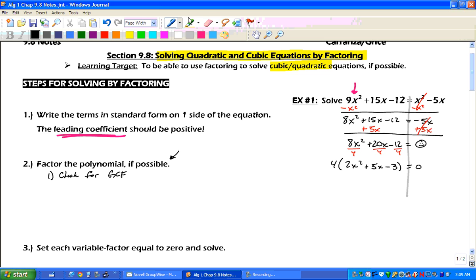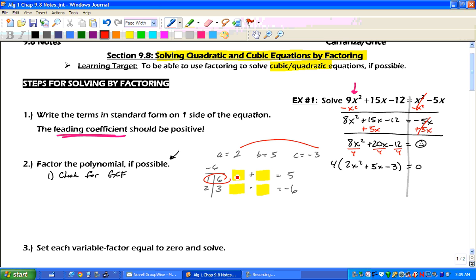Okay? And now you're telling me what A is. A is 2, B is 5, and C is negative 3. I want to multiply 2 times 3, which gives me negative 6. So that's 1 and 6, 2 and 3. So which numbers add up to get to 5, but multiply to get to negative 6?